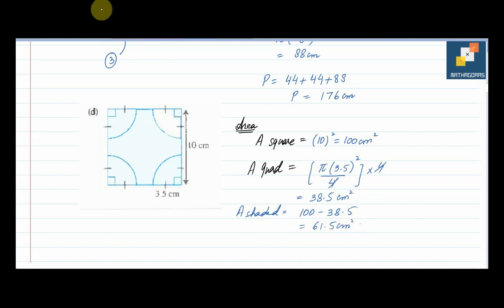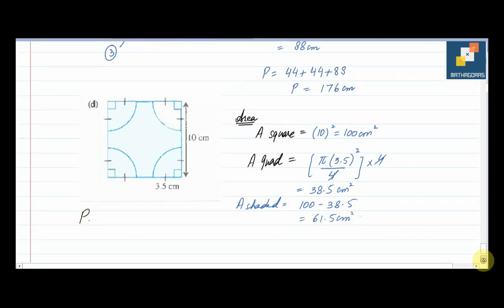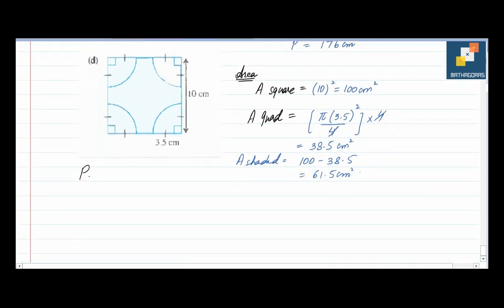Now you need to work on the perimeter. For the perimeter, the first step, like always, you need to highlight the boundaries. If I highlight the boundaries, there are 4 arc lengths that need to be highlighted first. Without any further thinking or talking, we need to find these 4 arc lengths.